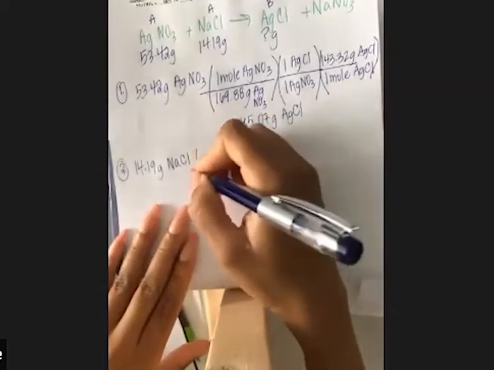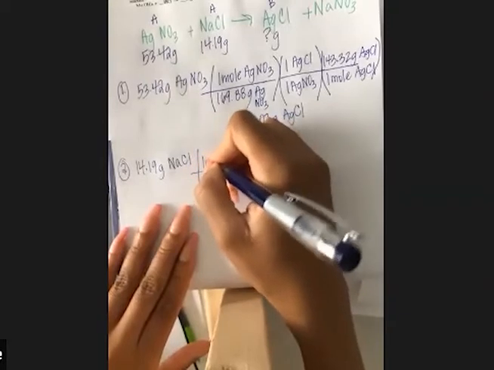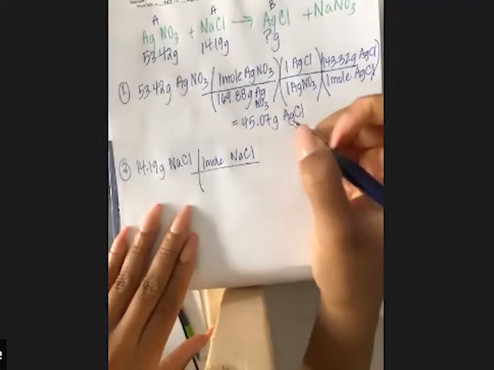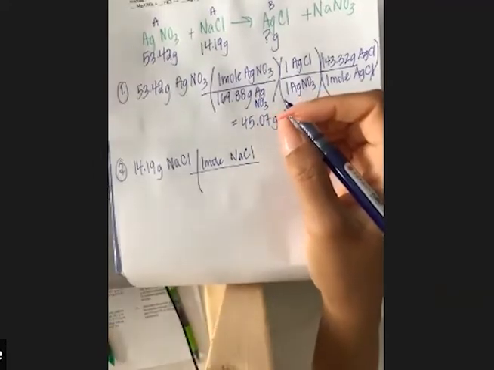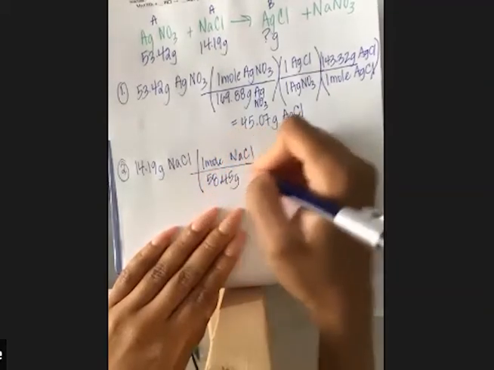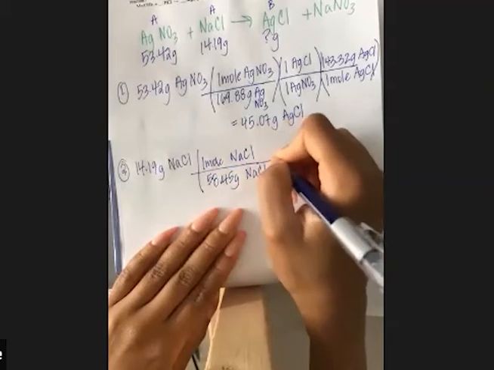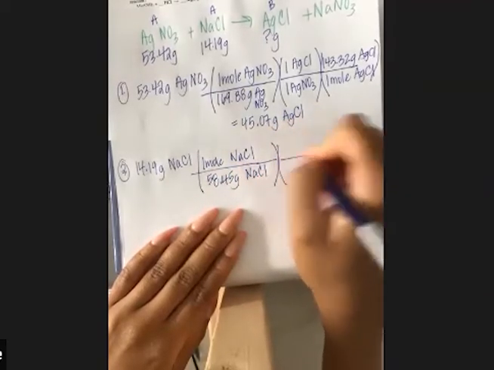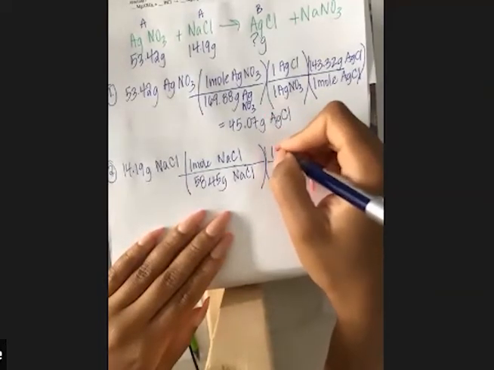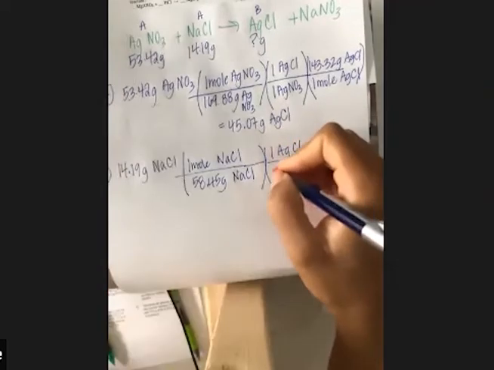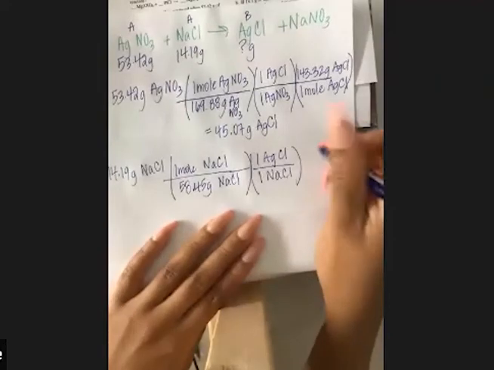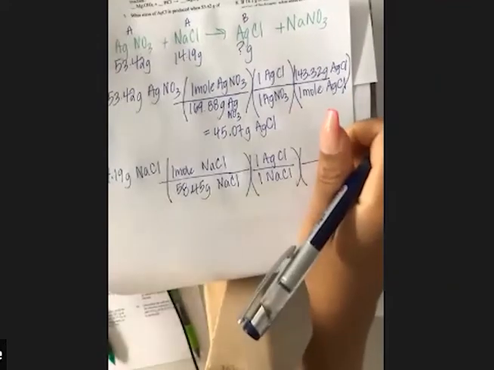So the first step, we're going to divide by the molar mass of sodium chloride. The molar mass, does anyone have that one? 58.45. All right, what's the mole to mole ratio here? 1:1. 1 mole of sodium chloride gives me 1 mole of silver chloride.